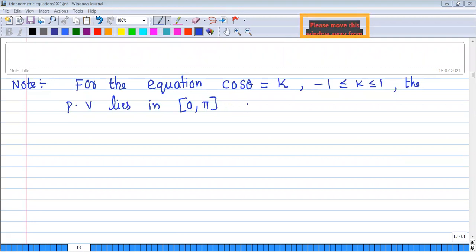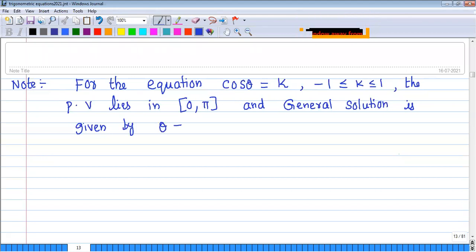And the general solution is given by theta is equal to. So now we need to derive a formula to find the general solution of cos theta equals k.